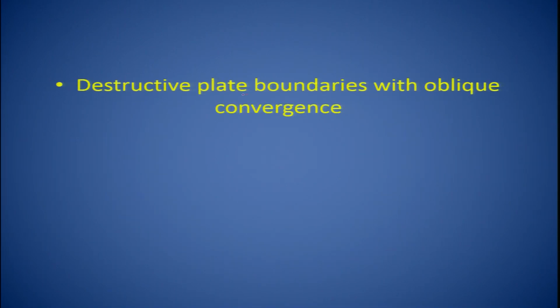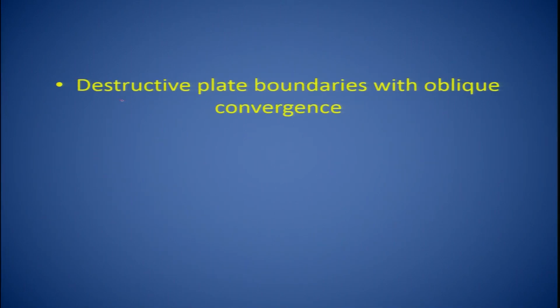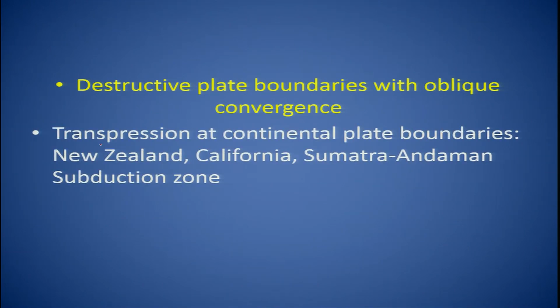Then destructive plate boundaries with oblique convergence. So those were the conservative plate boundaries, and now we have the strike slip environment along destructive plate boundaries with oblique convergence. We see transpression at continental plate boundaries like in New Zealand, California, Sumatra, Andaman. So we see this as an oblique convergence along this one.